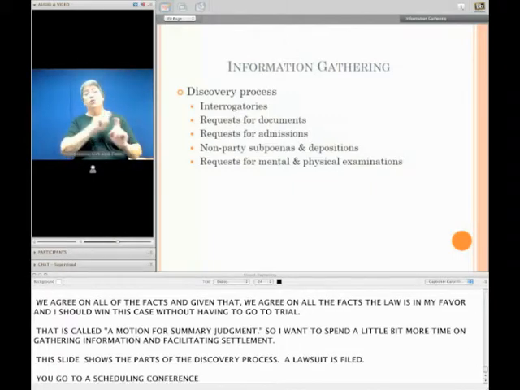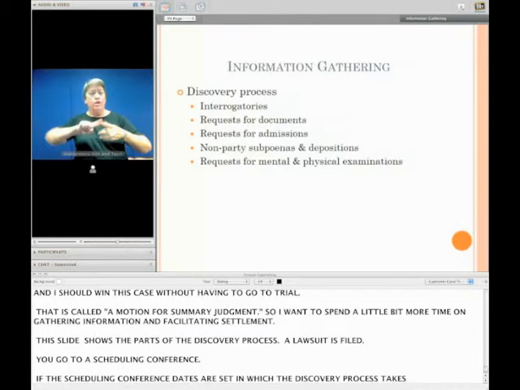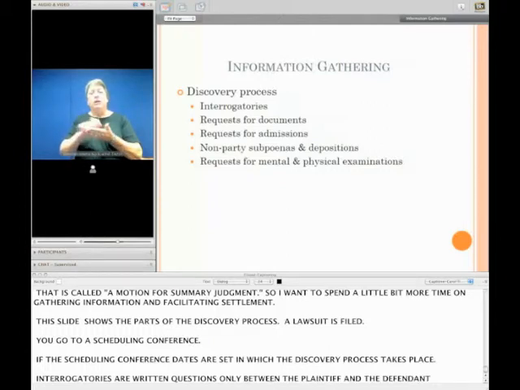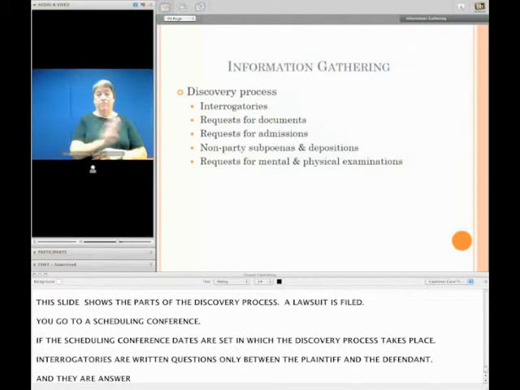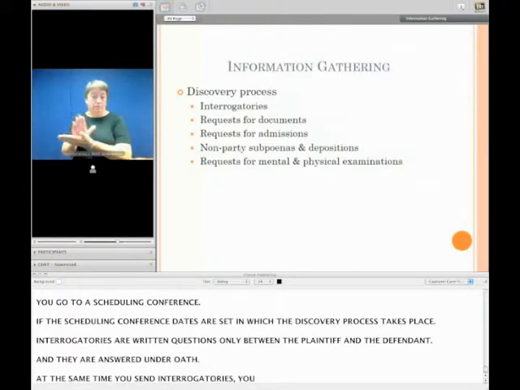At the scheduling conference, dates are set in which the discovery process takes place. Interrogatories are written questions only between the plaintiff and the defendant, and they're answered under oath. At the same time you send interrogatories, you ask for documents. And you may also ask the other side to admit certain facts.